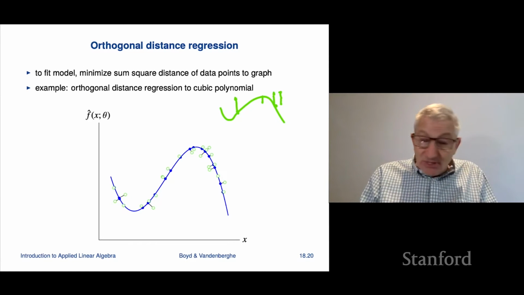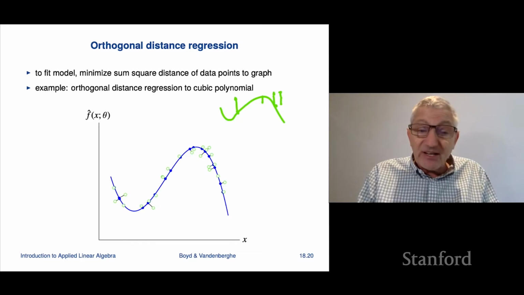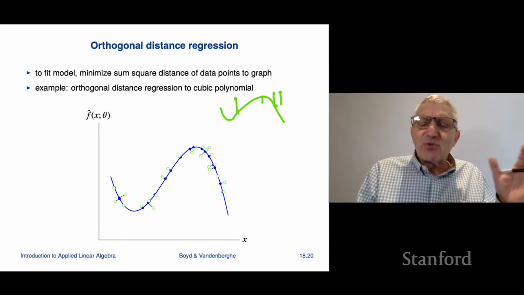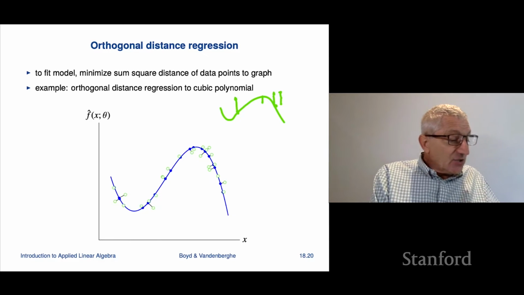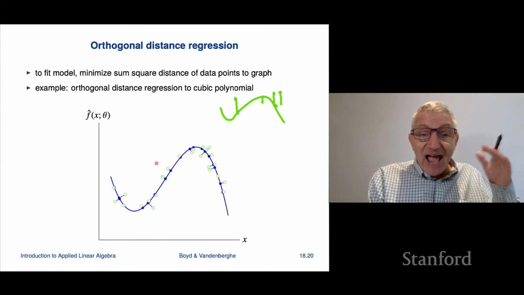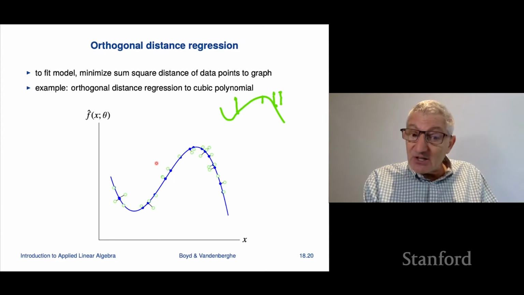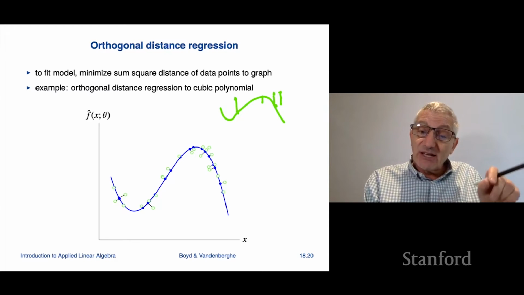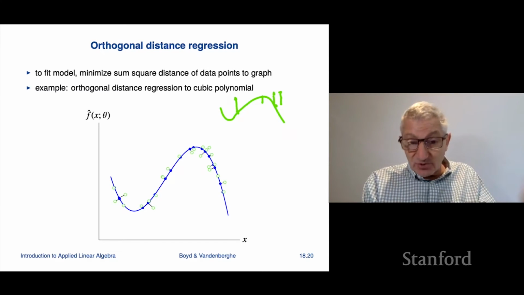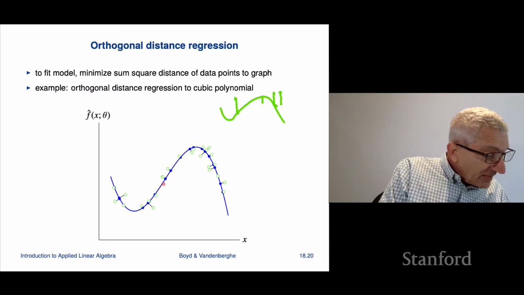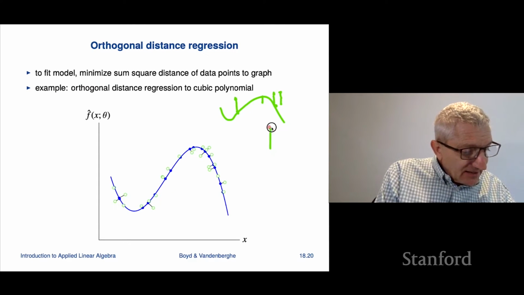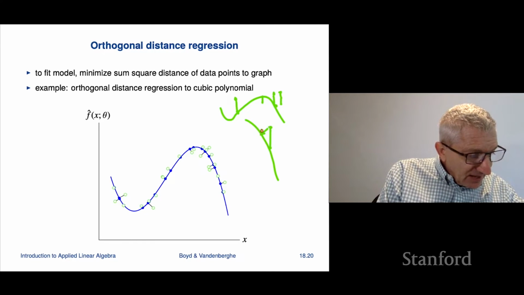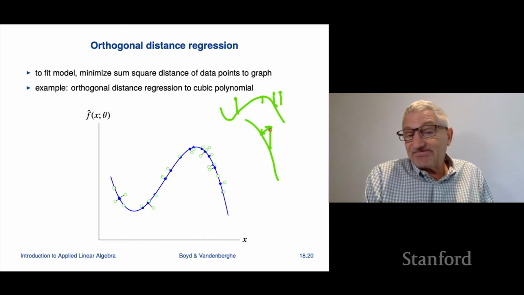In some cases, you literally want to fit a curve, not a function. If you think of it as a curve, not a function, then what you really should do is look at the actual distance to the curve. Now, the distance to the curve is defined as the distance of the closest point on the curve to you, and so that means that instead of penalizing the vertical distance like this, if the curve looks like that, we're actually going to penalize you for being away from the curve.